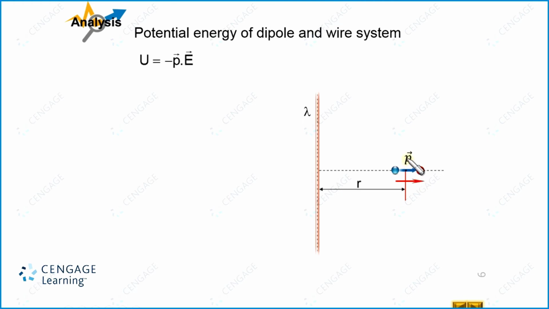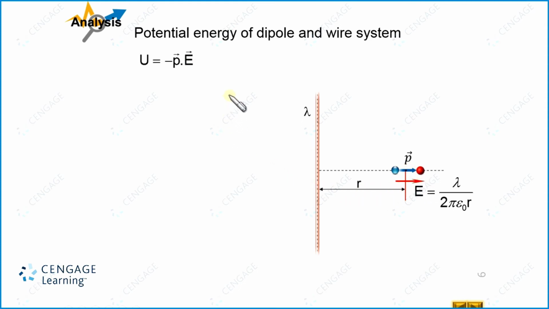You can observe here this electric field generated by the long wire and dipole moment both are in the same direction, and we know the magnitude of this electric field also. This is equal to lambda divided by 2 pi epsilon naught r. Now we can substitute the value of P, substitute the value of E, and we know the angle between these two vectors is 0 degree.